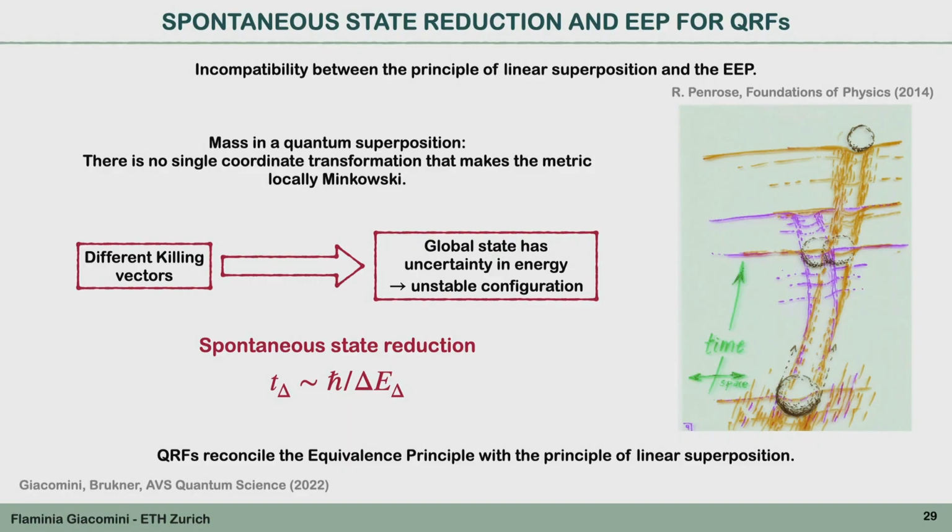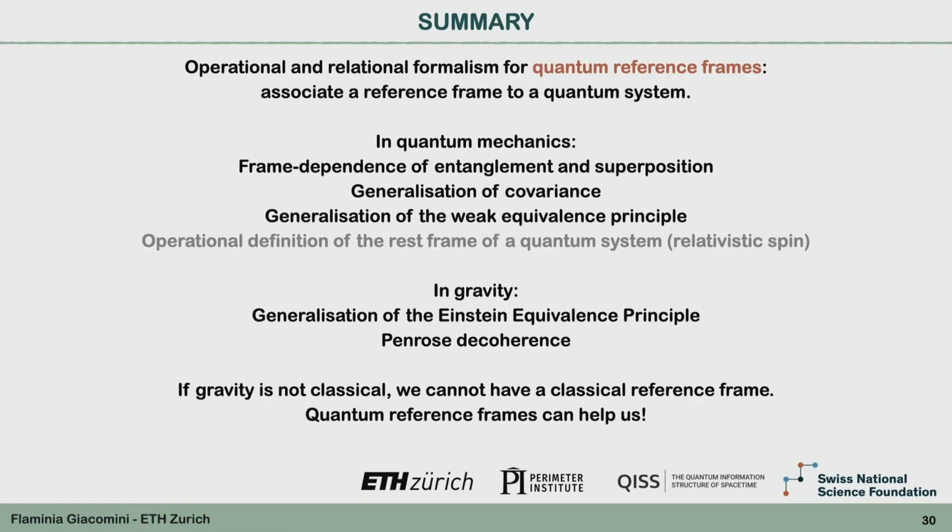And if you do that, you don't need to abandon the equivalence principle or the principle of linear superposition. You can extend the Einstein equivalence principle to be valid for a broader set of assumptions, and this can be reconciled with the principle of linear superposition. Okay, so this is all. And this is my summary.